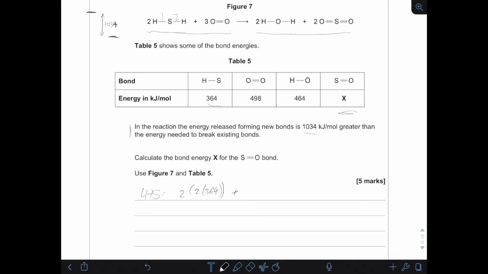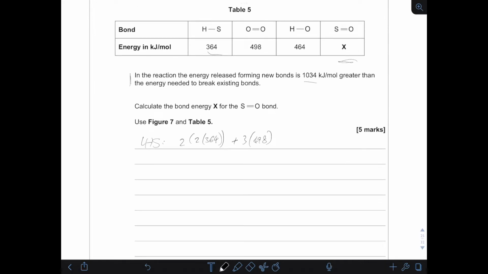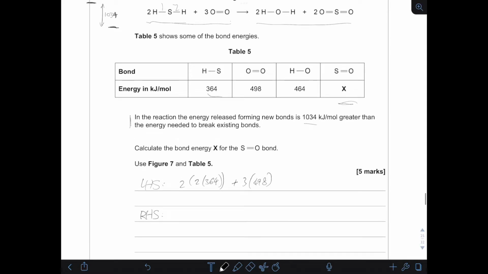Add 3 units of oxygen double bonds, which is conveniently just one number. On the right hand side, we have 2 lots of H2O, so same logic, 2 lots of 2 single OH bonds, which is 464. Add 2 lots of 2 SO double bonds, so 2 times 2 times x.